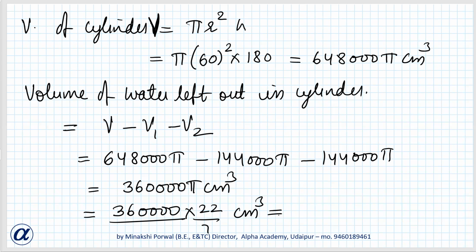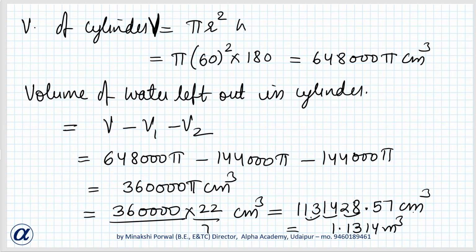So into 22 divided by 7, that is equal to 1131428.57 centimeter cube, or if we have to convert it into meter, it will be 1.1314 meter cube. When centimeter cube is converted to meter cube, it is divided by 10 to the power 6.